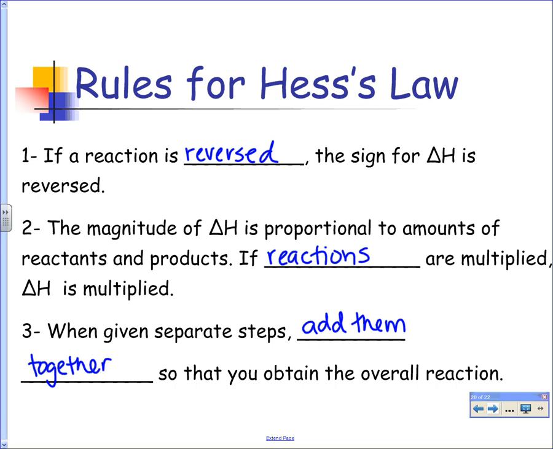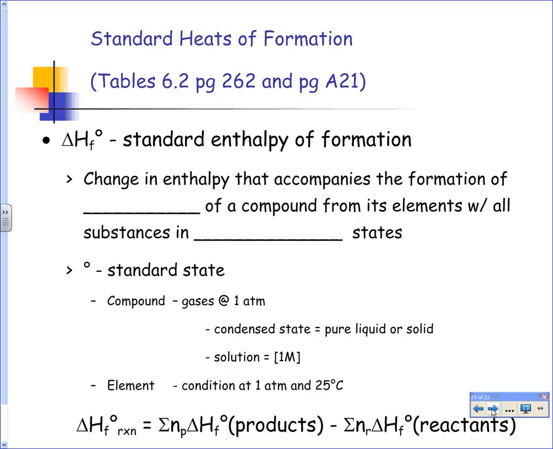And let's talk quickly about standard heats of formation. There you'll see tables on page 262, and then there's a really big table on page A21, that's Appendix 21. If you've got those flags at home that we had talked about earlier, having to mark our tables, I'd put a flag on that page because you're going to use that a lot.